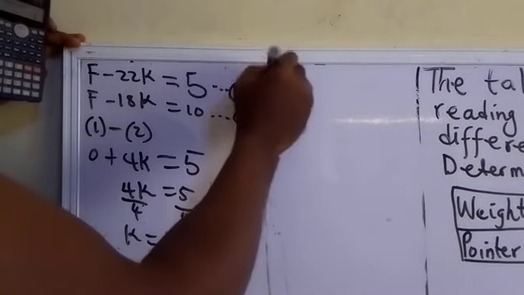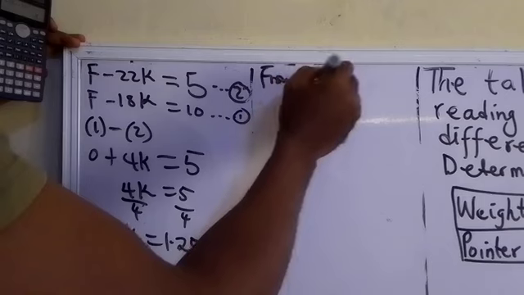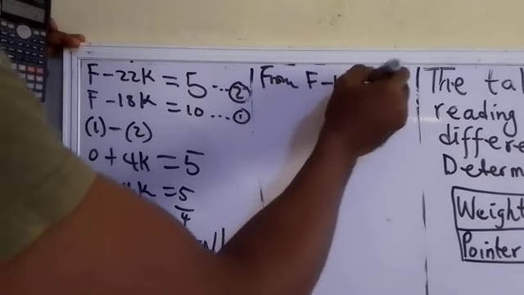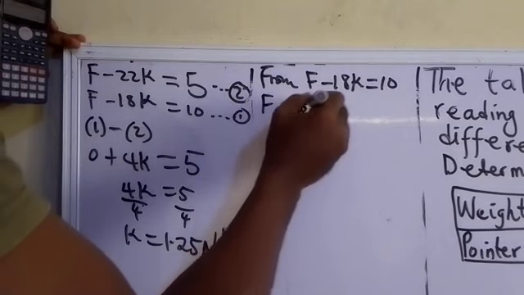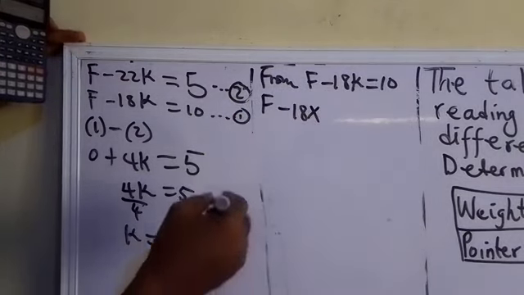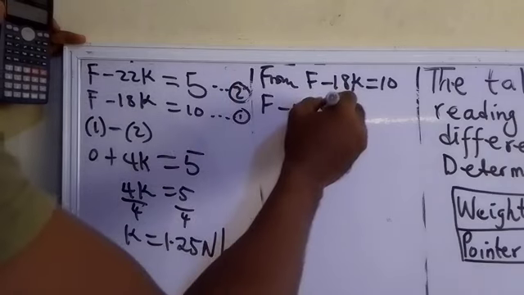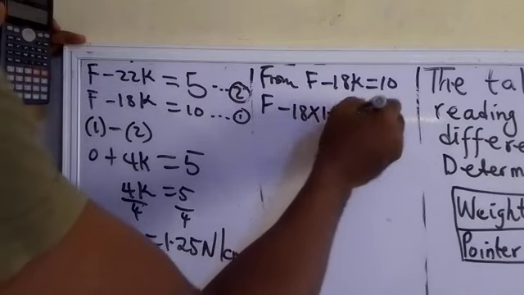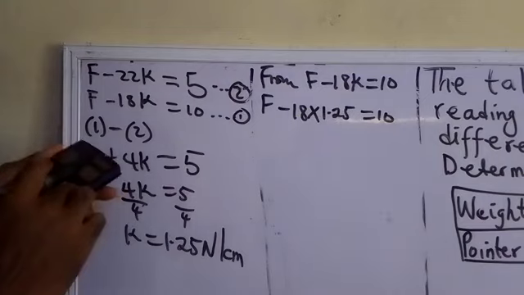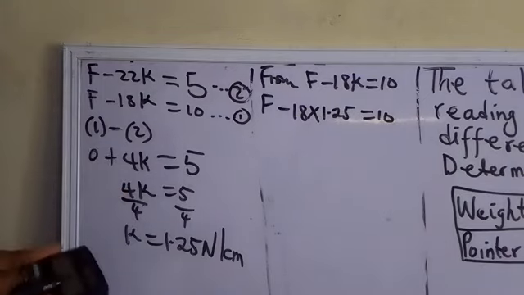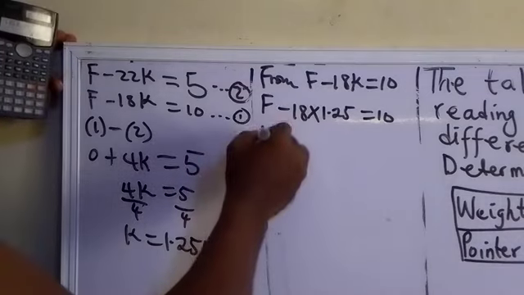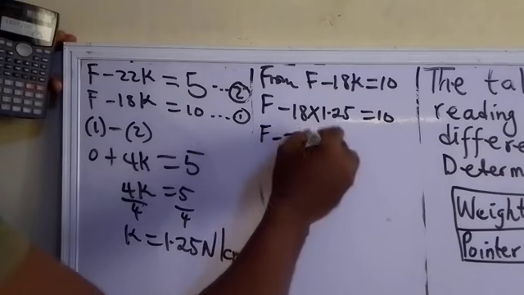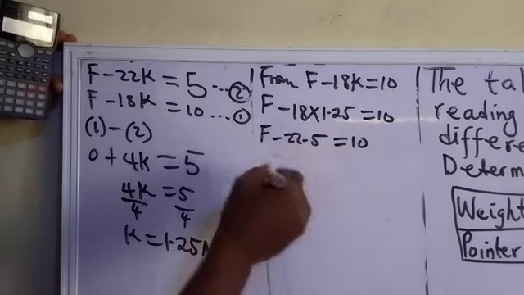From F minus 18K equal to 10, F minus 18 times K, which is 1.25, equal to 10. So 18 multiplied by 1.25 is 22.5. So F minus 22.5 is equal to 10.